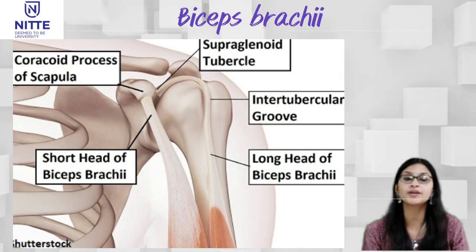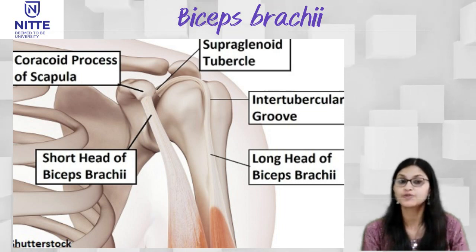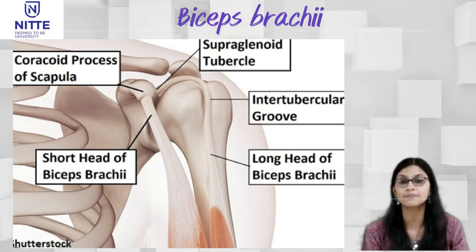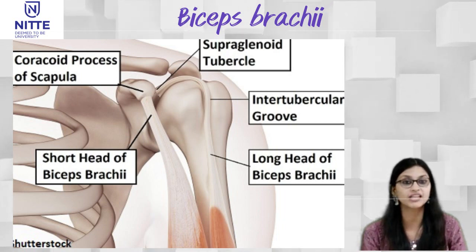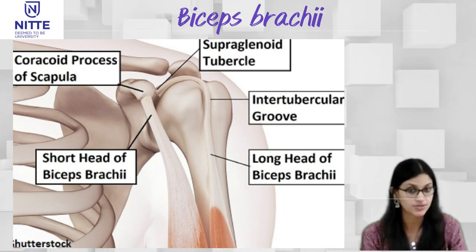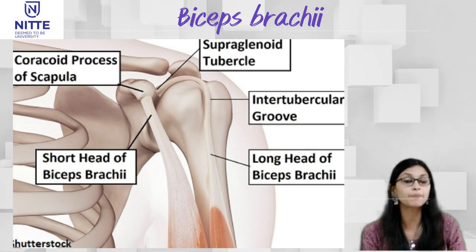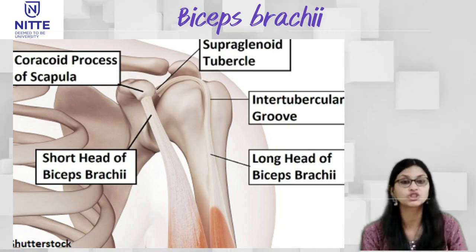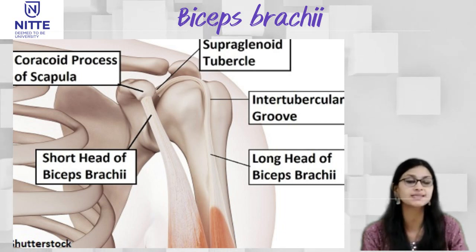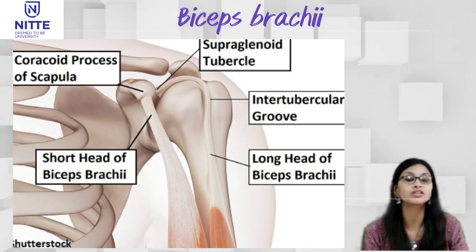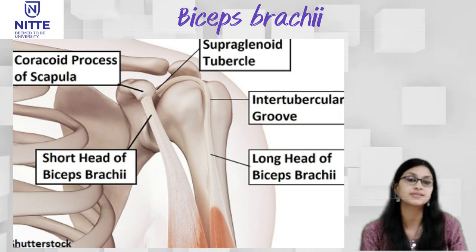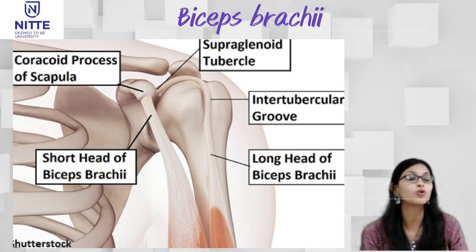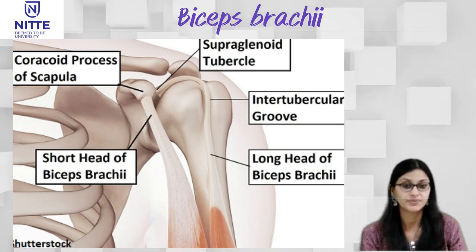If you observe the superior border of the scapula, from there you see a bent beak-like projection, and this projection is called the coracoid process. So from the tip of the coracoid process, the short head of the biceps takes its origin, and this origin is common with the coracobrachialis muscle.